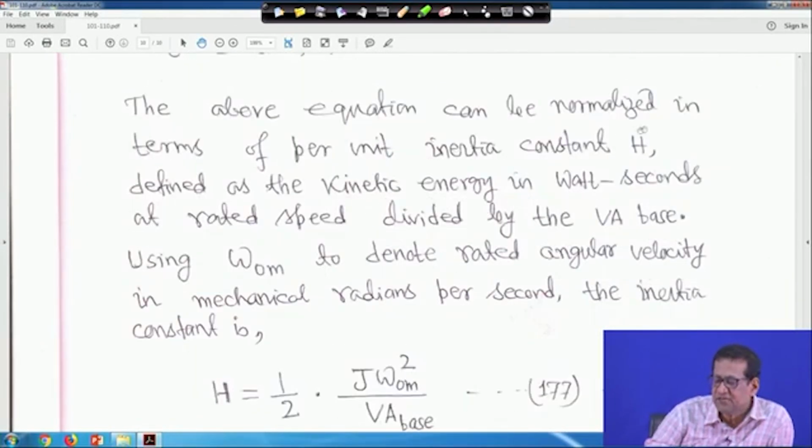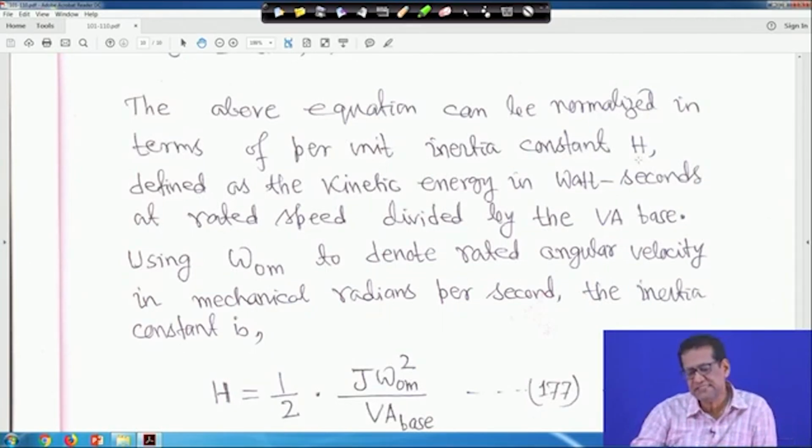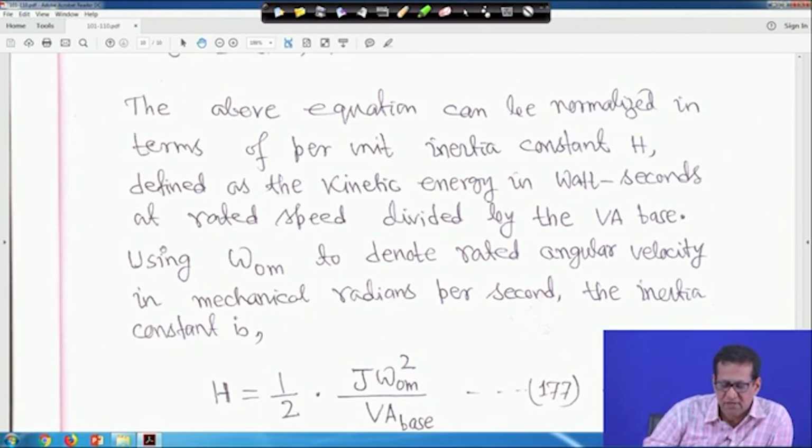The above equation can be normalized in terms of the per unit inertia constant H. You have studied the inertia constant, and its unit is second. It is defined as the kinetic energy in watt second at rated speed divided by the volt ampere base, since joule per second is equal to watt.